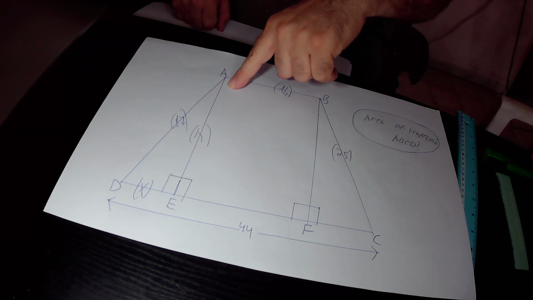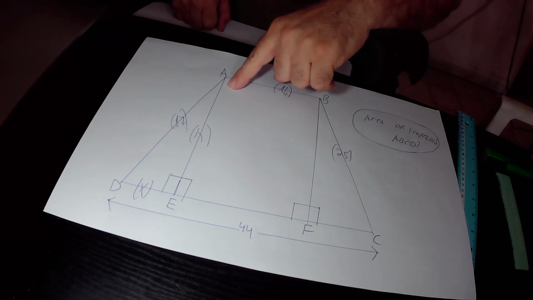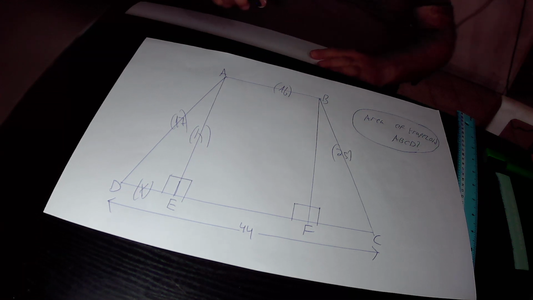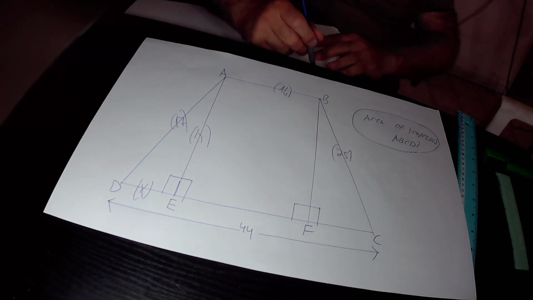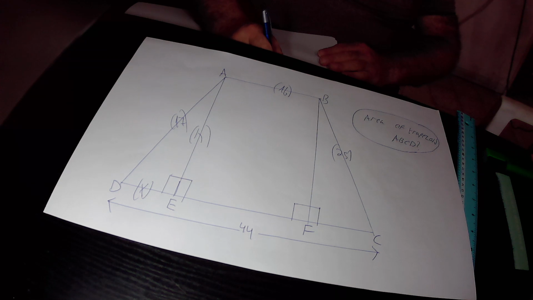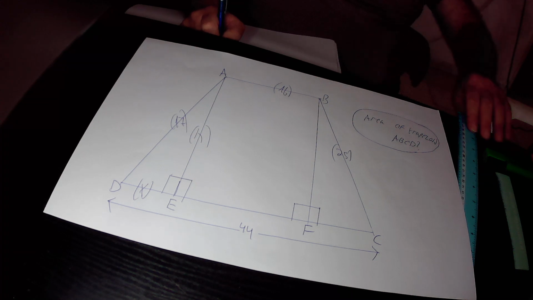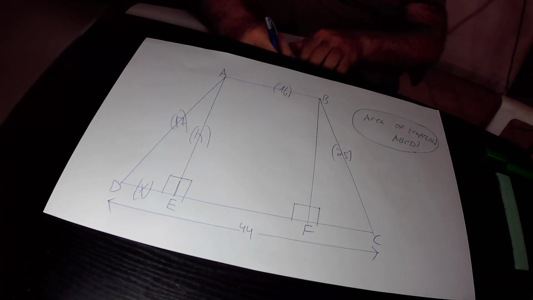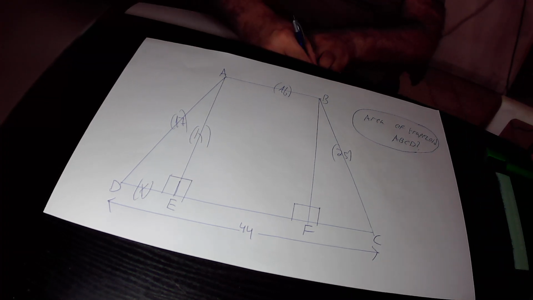So I write it now. This is the missing angle BAE plus this angle that is a right angle. In total, the sum of those two angles is equal to 180 degrees according to rule 16. So I repeat again.